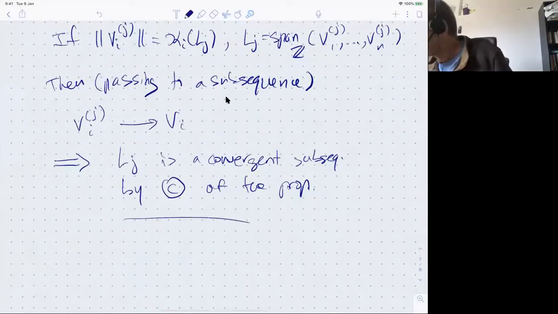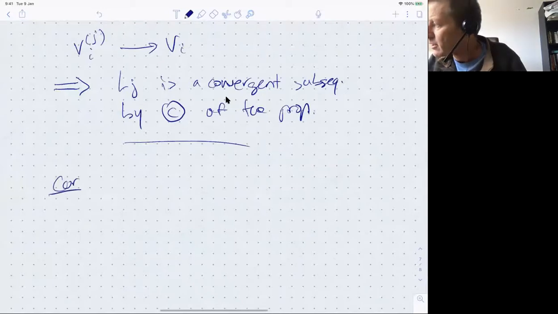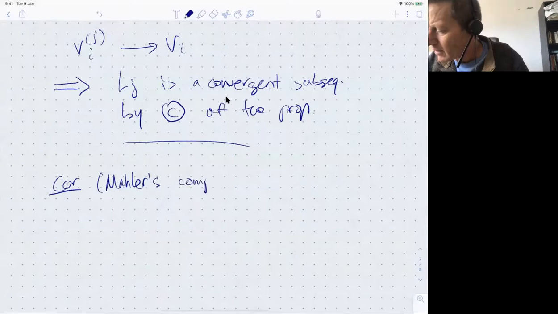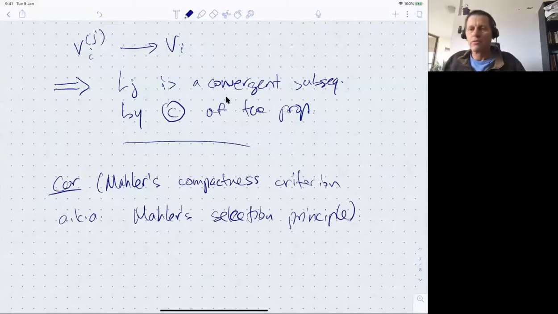Okay, so that's the proof of this proposition. And the corollary is something quite important called Mahler's compactness criterion. And it's also known as Mahler's selection principle in the classical literature. So there's some interesting thing with terminology when it comes to lattices.